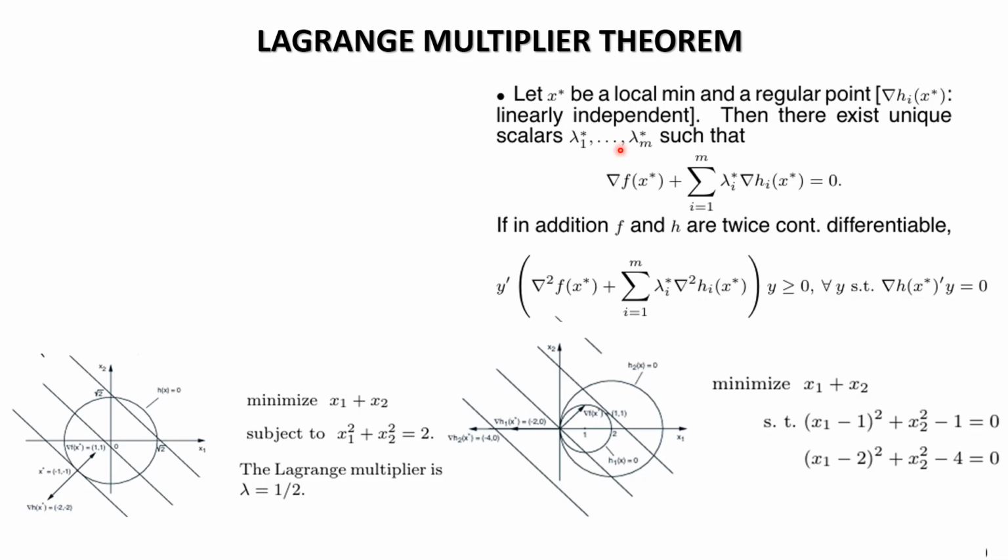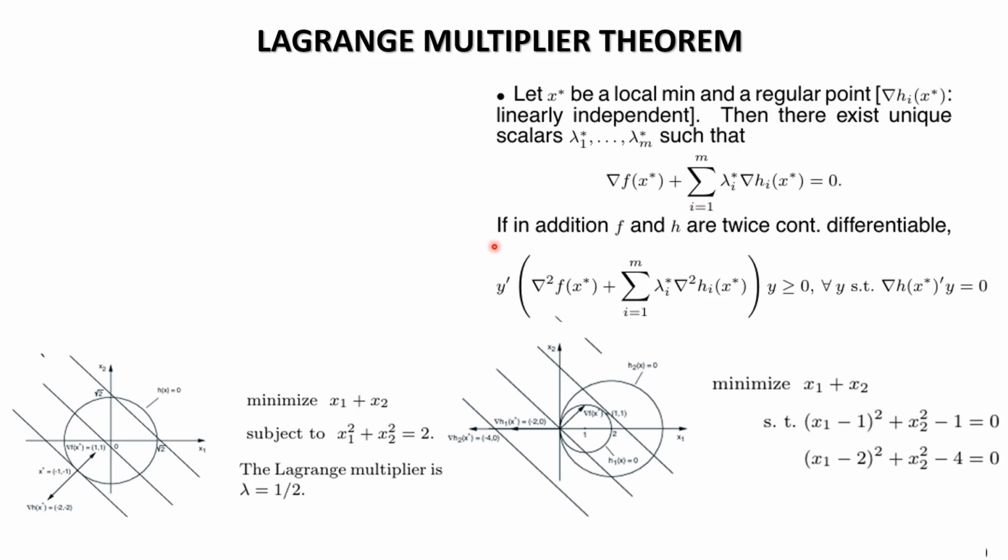Then there exist unique scalars lambda 1 star through lambda m star, the Lagrange multipliers, such that nabla f of x star plus the sum of lambda i star multiplied by nabla h_i of x star is equal to 0. This is called the first order Karush-Kuhn-Tucker (KKT) condition for equality constraints.